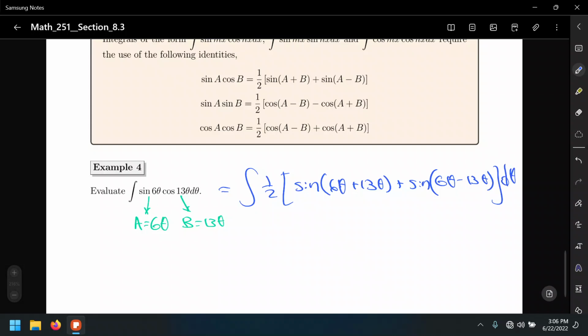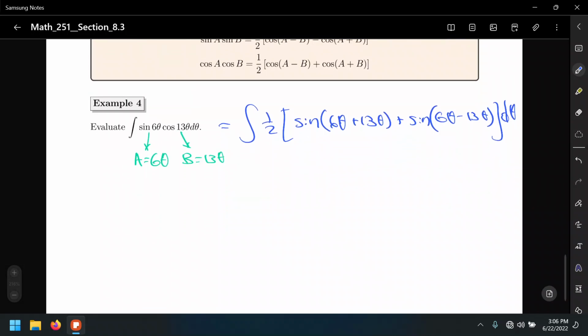So that's what we will do first. Okay, let's combine like terms: 6 plus 13, 6 minus 13. Doesn't look impossible. However, the tricky part right here will be, okay, so that sine, well, let me keep it in brackets.